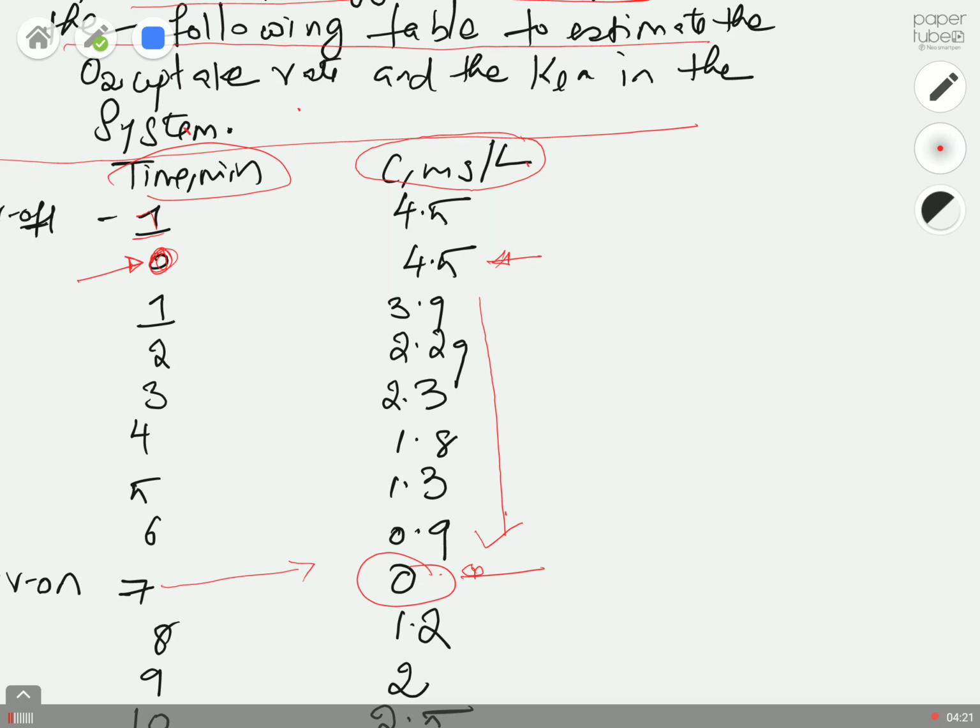Then you turn your air on at this point, which means your oxygen concentration is going to increase from 0 back to your solubility limit. So this is your solubility limit. If you plot your O2 concentration against time on the x-axis, you will get a plot like that for this type of experiment.